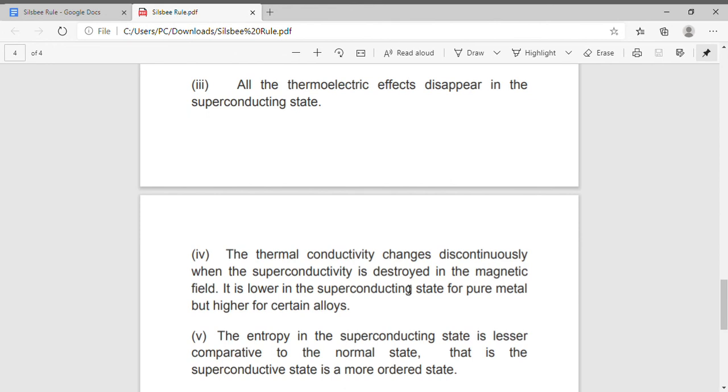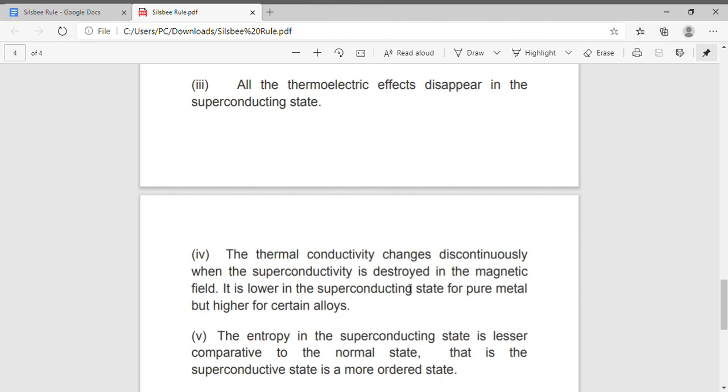By comparing a pure metal superconductor and pure metal in a normal state, it has been observed that in the superconducting state, thermal conductivity is lower for pure metal, but for certain alloys, it is higher. These alloys are exceptions.